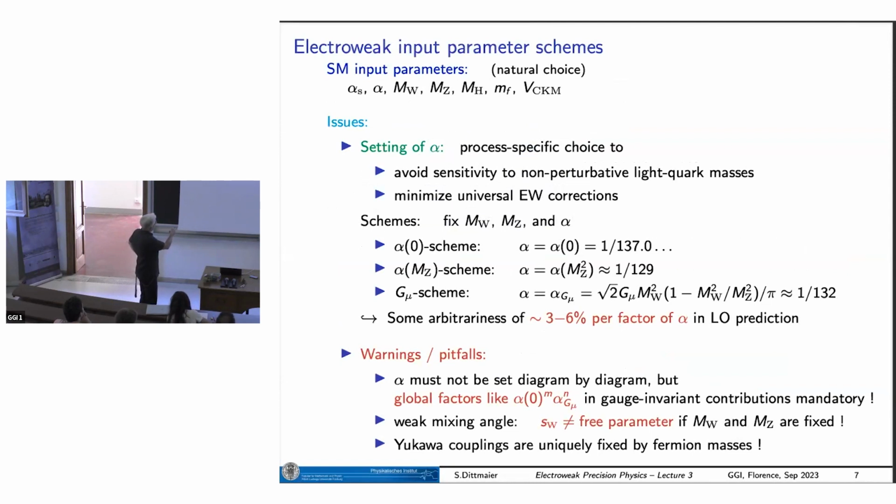You have to fix alpha and alpha S. Alpha S is something for QCD people to take care of, not my business in this lecture, but the alpha. What do I take? I can take the fine structure constant, or I can take an alpha taken from any kind of more high energy driven experiment. There's also the concept of a running alpha. I come back to this later.